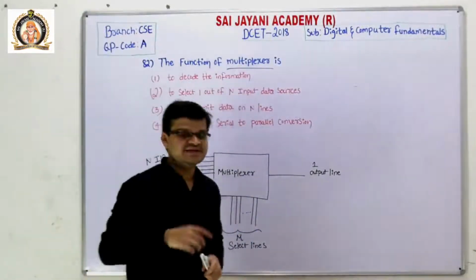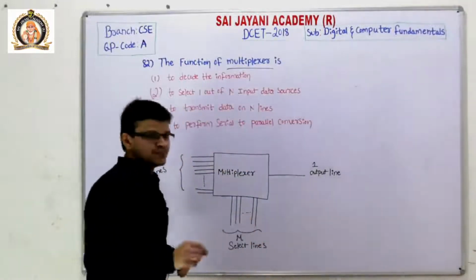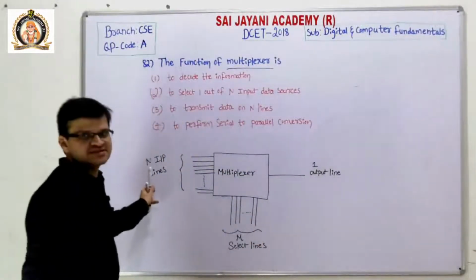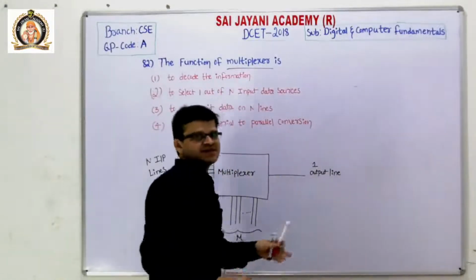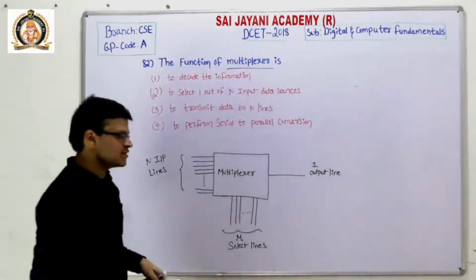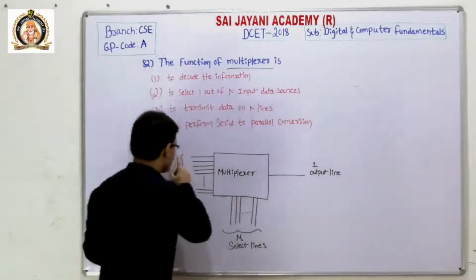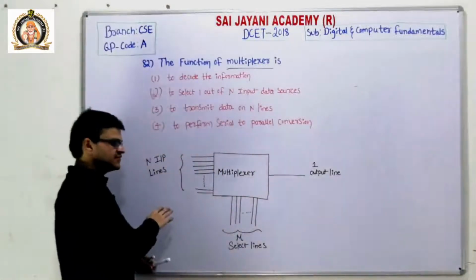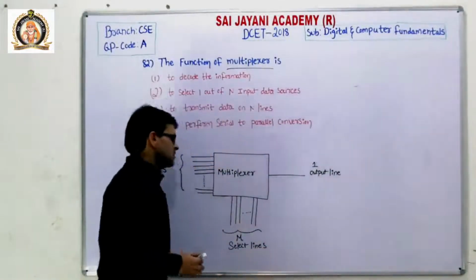A multiplexer is a device which selects or allows one input from n input signals, and that one input is transmitted over a single channel.